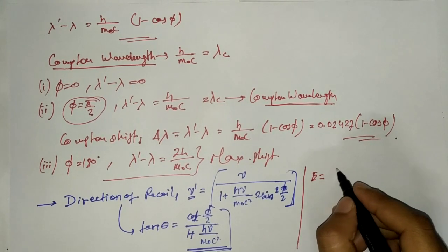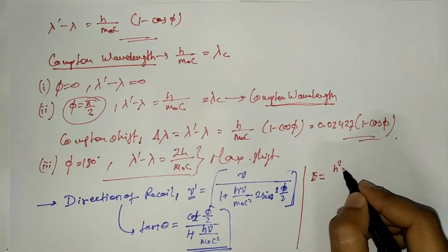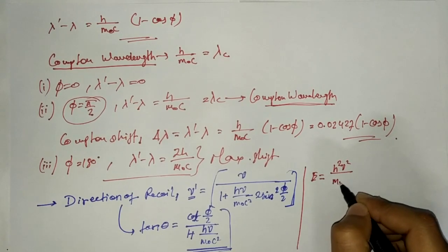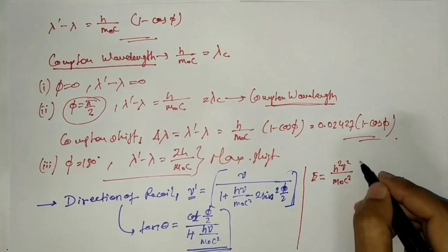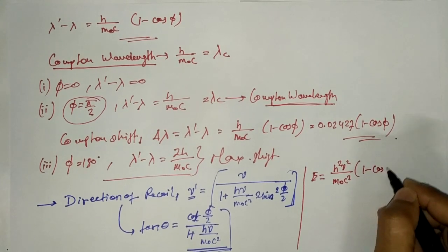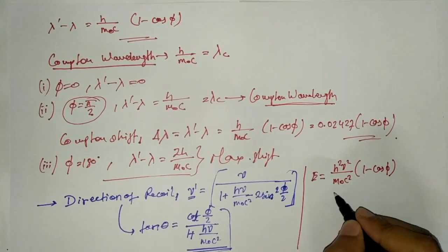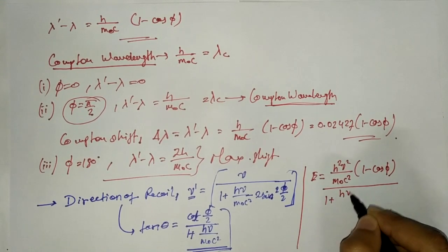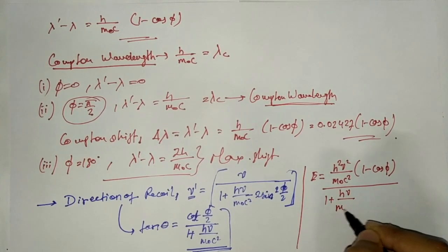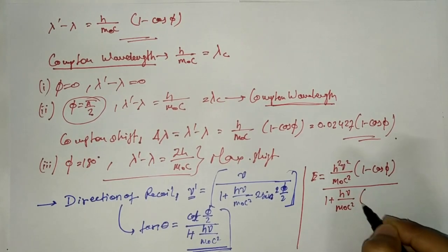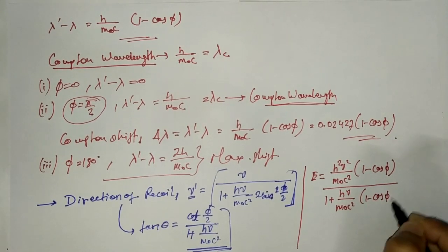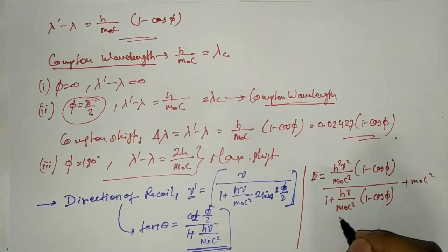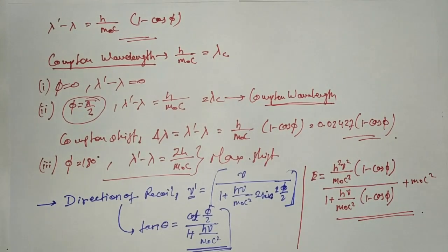That is, we come to the conclusion as h square nu square by m naught c square into 1 minus cos phi by 1 plus h nu by m naught c square into 1 minus cos phi, plus the rest mass energy, that is m naught c square. So this is the equation for energy.